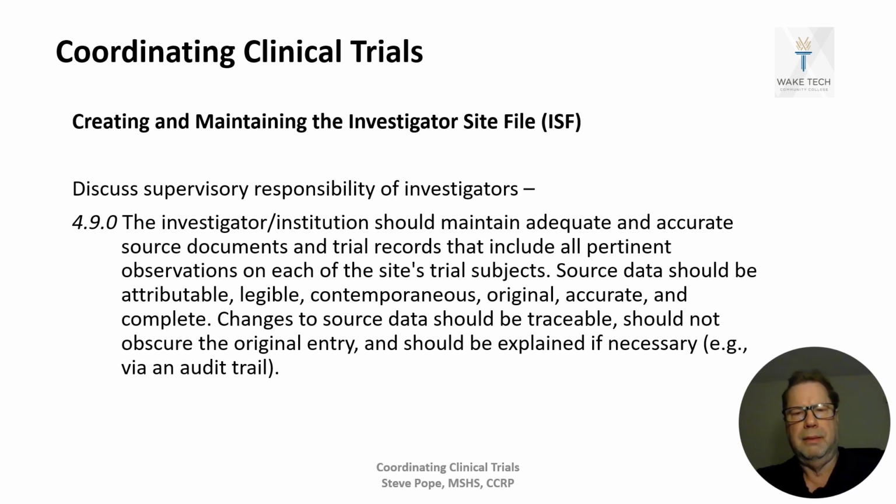So be familiar with that. Look through the ICH E6 document for more information on that, but that's something that's very important. You'll need to be able to maintain those attributes as you move forward.